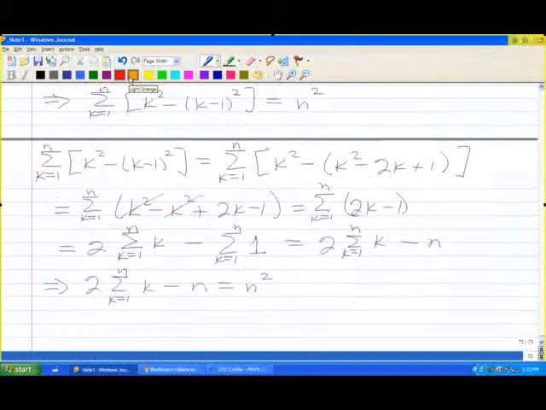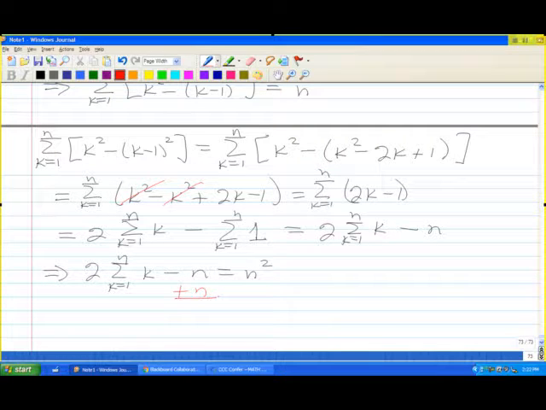So let's add n to both sides of my equation. So we get 2 sum k equaling 1 to n of k is equal to n squared plus n.